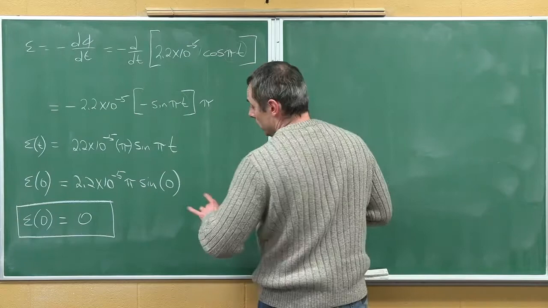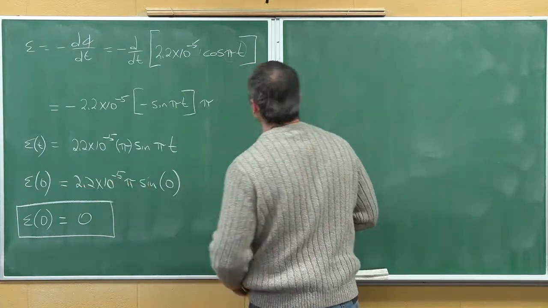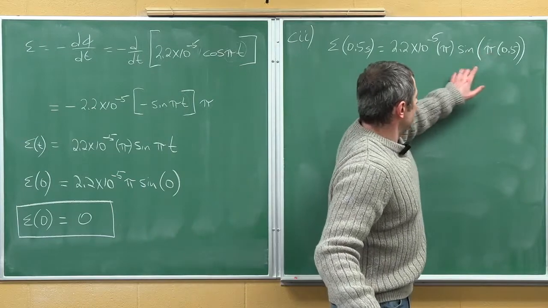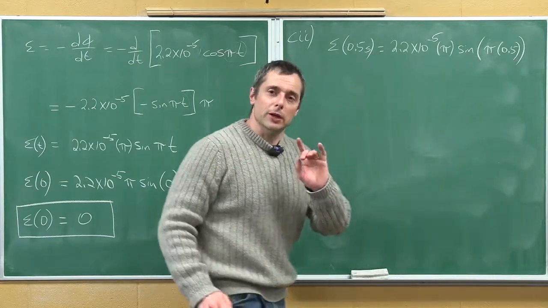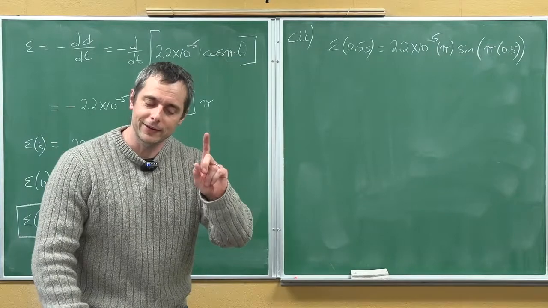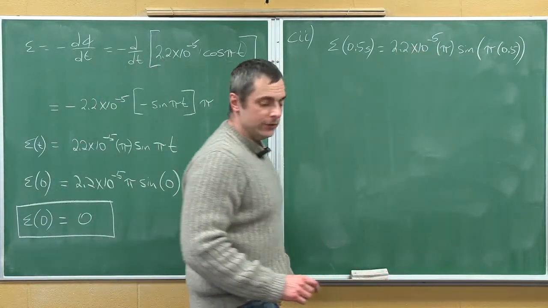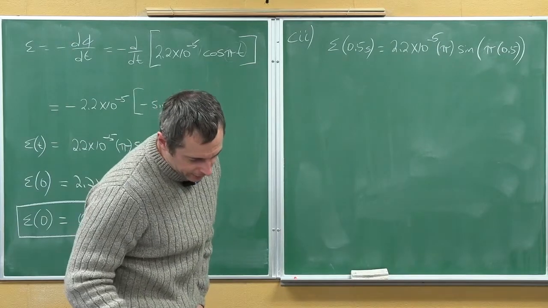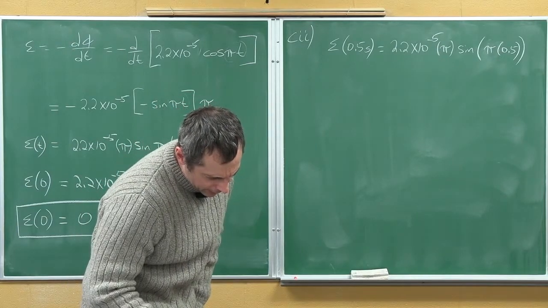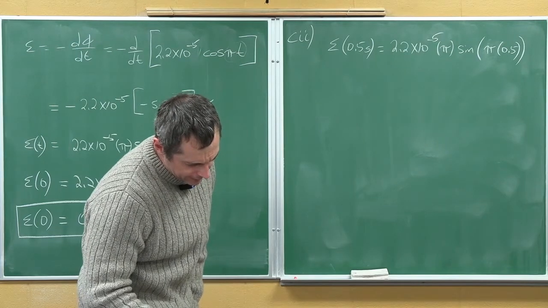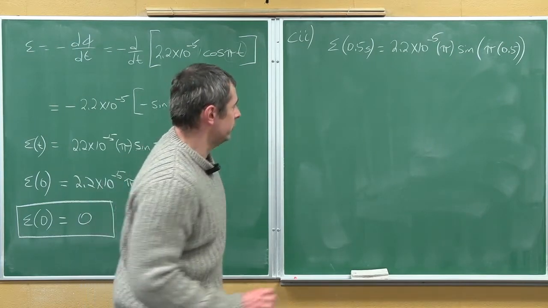So the voltage at half of a second. This is basically pi over 2 inside the sine function. You plug in sine of pi over 2, you get 1. So that then would just be 2.2 times this pi term. I think I have that calculated out for us: 6.8 times 10 to the minus 5.